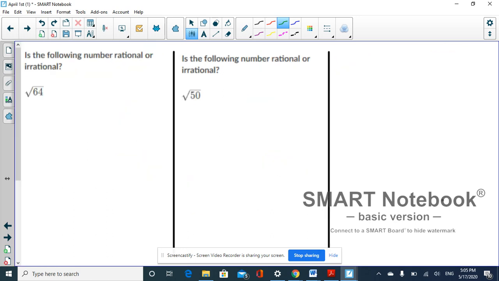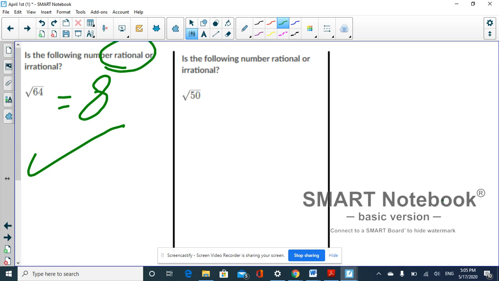Okay. Root 64. What is the number that, if you multiply it by itself, gives you 64? 8. This is a rational number. What is the number that, if you multiply it by itself, gives you 50? No, it's not 25, because 25 times 25 is not 50. There is no whole number that, if you multiply it by itself, gives you 50, because 50 is not a perfect square.